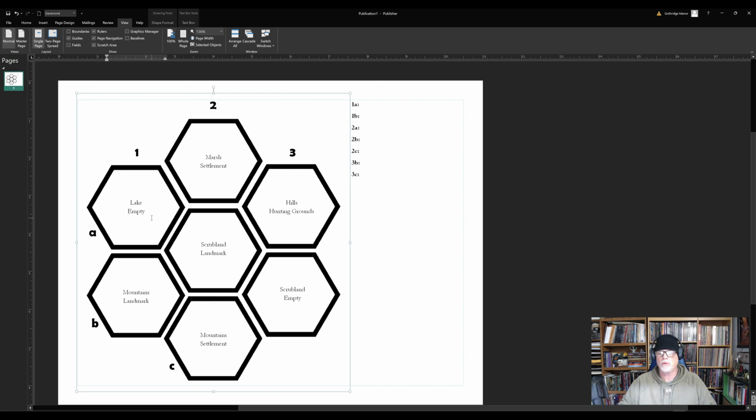So what we'll do in the next following videos, because I don't want these videos to be too long, is go through each one of these hexes. The empty ones I might do together, because we only have 2 empties. But I want to try to make it a cohesive hex flower.